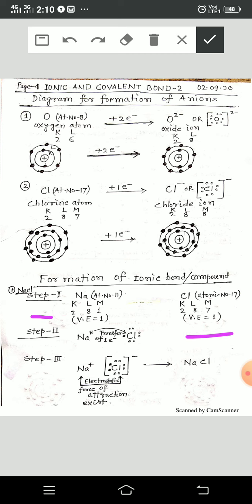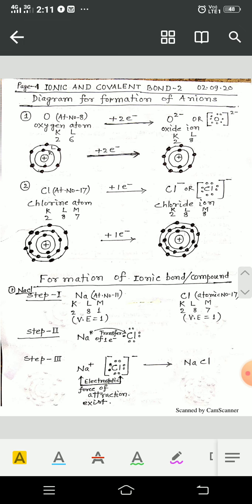That's why sodium will lose 1 electron to the chlorine atom, and sodium will form Na+ and chlorine will form Cl-, and an electrostatic force of attraction will exist between them, and the formation of an ionic bond takes place.